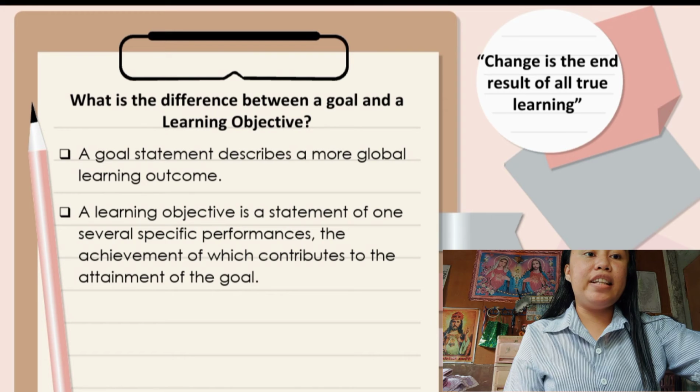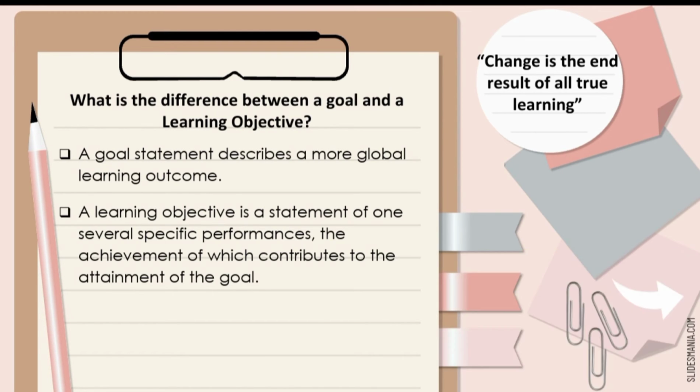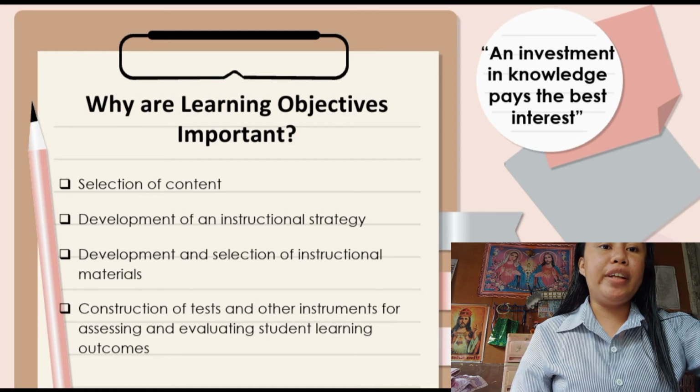Next, why are learning objectives important? Learning objectives are important because of the selection of content. So, mo-select jud sila og content para naa sila i-discuss that time. Second is the development of an instructional strategy. Third is the development and selection of instructional materials.